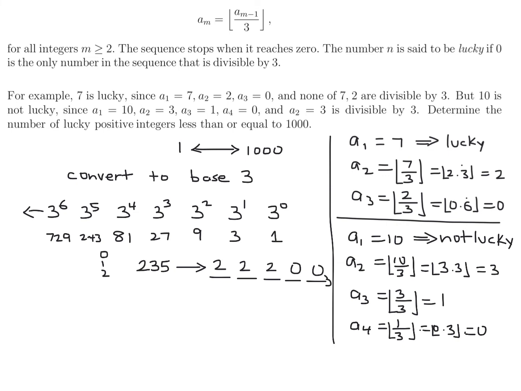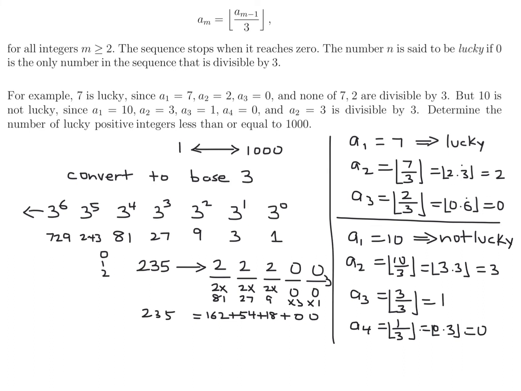Well, watch. This is 2 times 81, this is 2 times 27, this is 2 times 9, and this is 0 times 3, 0 times 1. So this is 162, this is 54, this is 18, this is 0 and 0. And these should add up to 235.